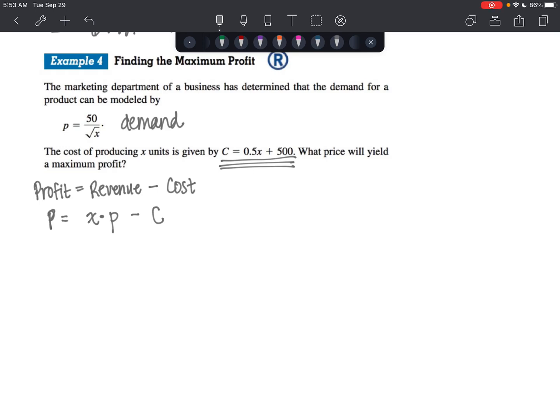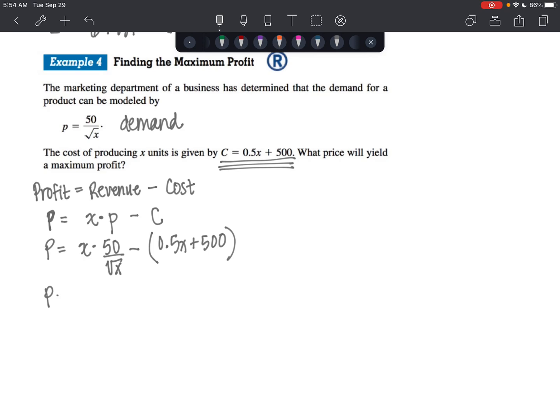So our profit, which is a capital P, is equal to x times 50 over the square root of x minus all of the cost, which is 0.5x plus 500. Make sure you subtract all of the cost and not just part of it.